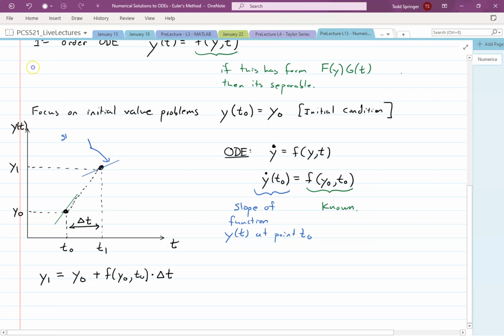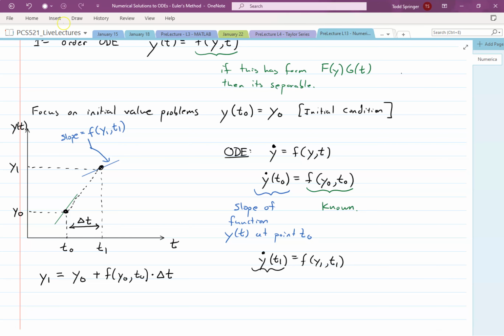This has a slope equal to f of y1, t1, right? Because once again, if I look over here, y dot of t1 is going to be f of y1 and t1. And y dot of t1 is the slope at the point t1. So I can determine that slope there.